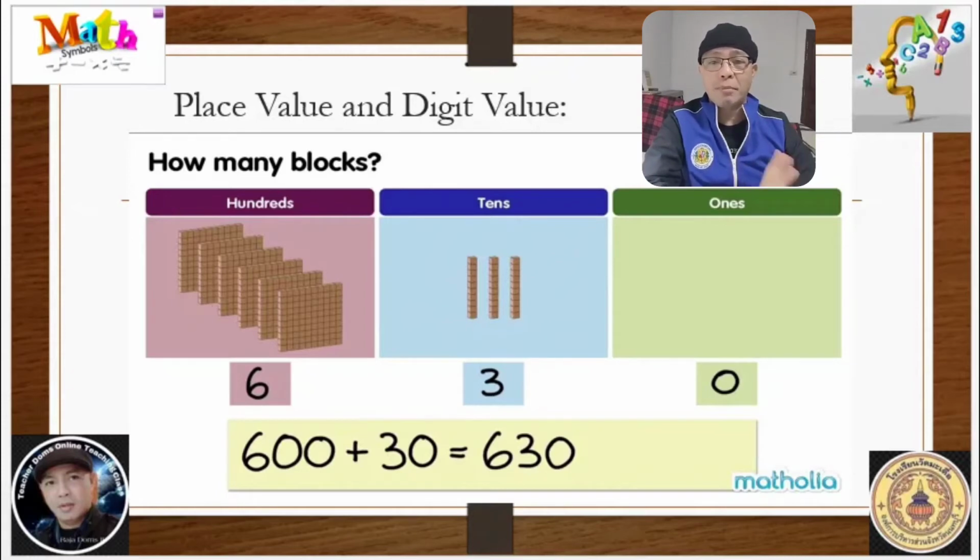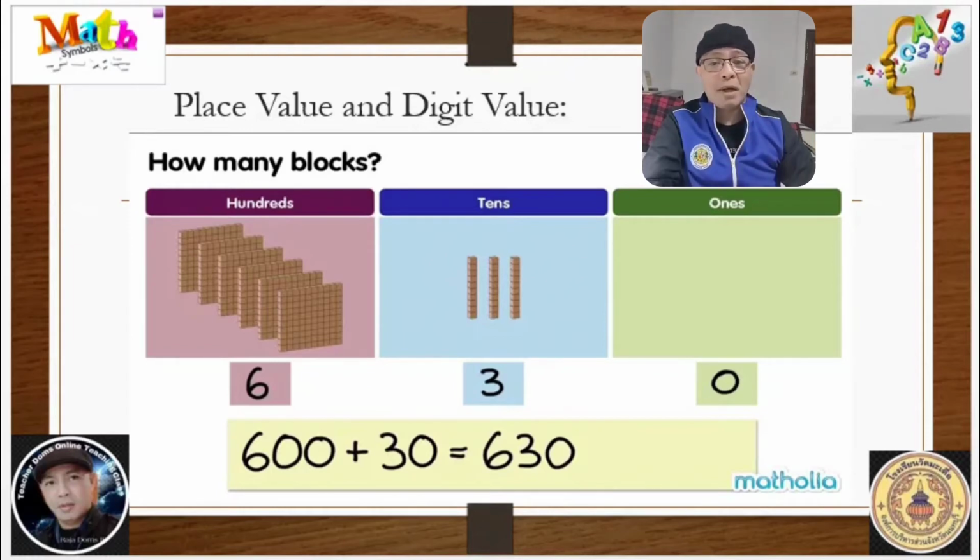To further illustrate place value and digit value, we have here blocks. Okay, how many blocks are there? So we have here 630 blocks. How many digits are there in 630? It's 3 digits. What is the place value of 0? Ones.